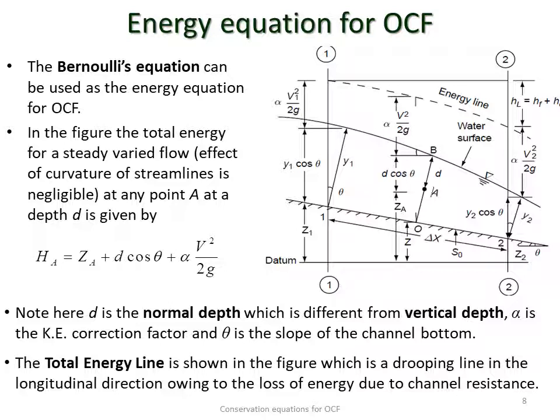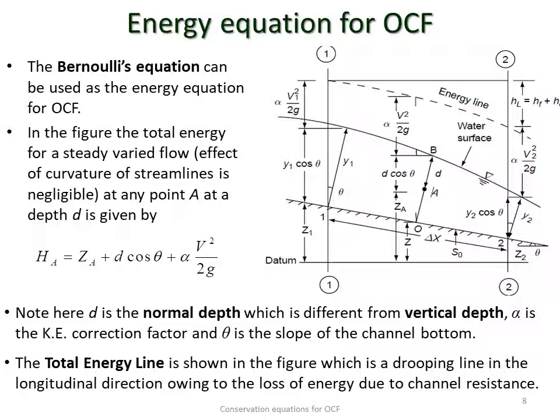The elevation head of point A from the datum is given by capital ZA. The hydrostatic pressure head at point A is given by d cos theta, and the velocity head at point A is given by alpha into capital V squared by 2g.